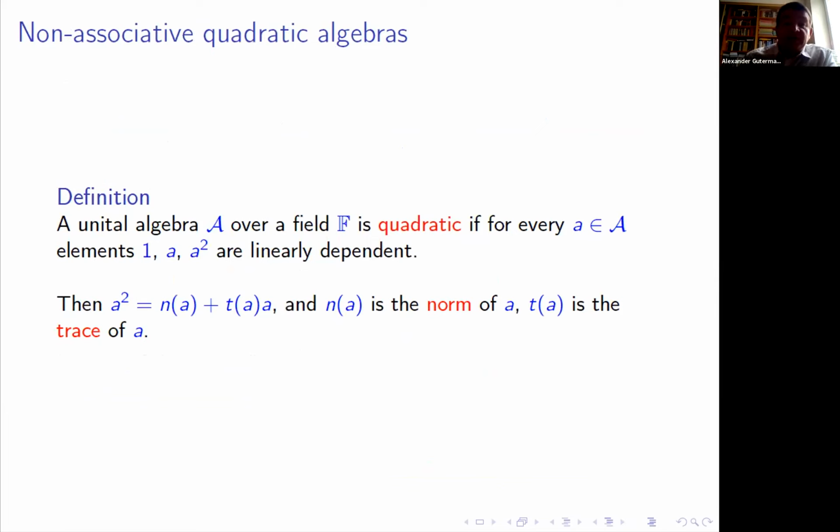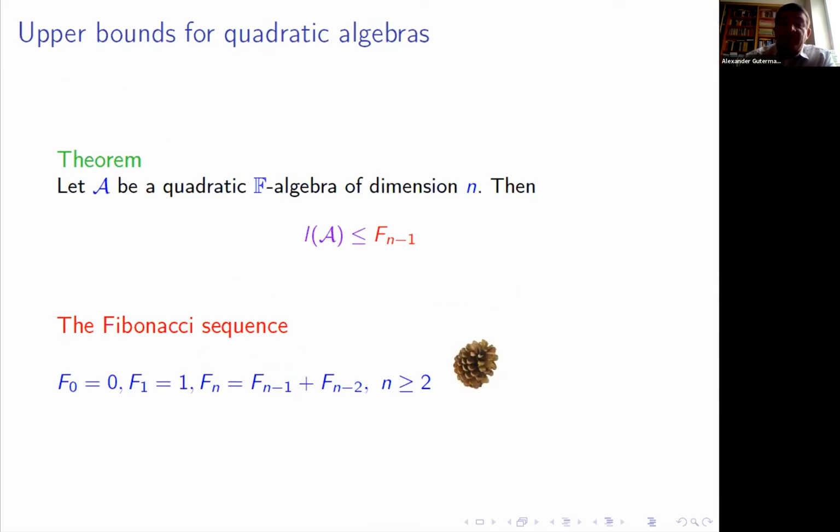Well, quadratic relations give us an algebra, and the following bound for the length of the algebra. We consider the well-known Fibonacci sequence, important in combinatorics and in all parts of our life. For example, the structure of one is parameterized by Fibonacci.